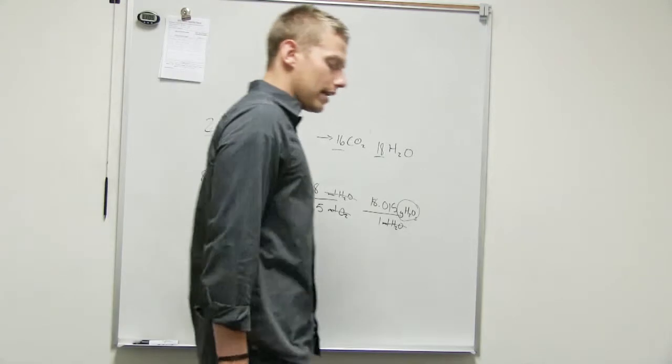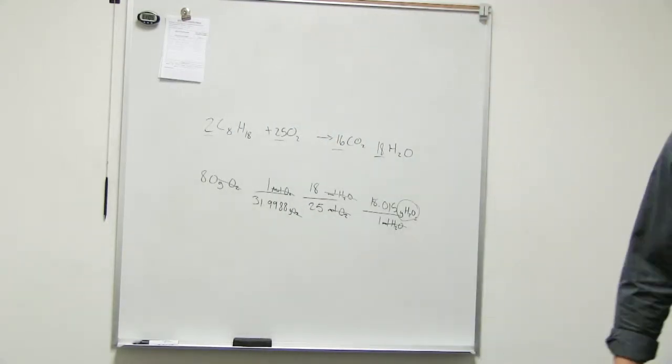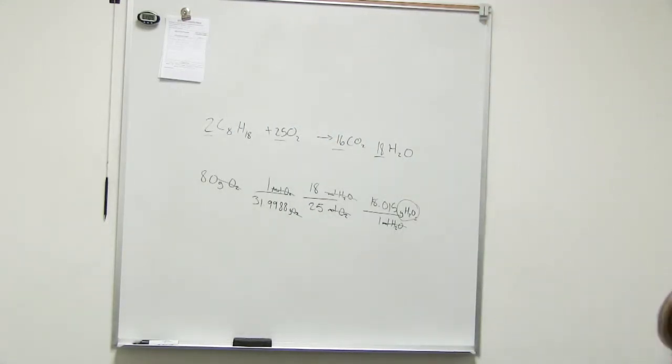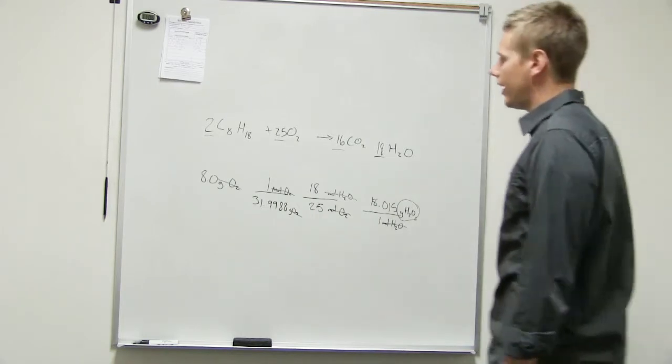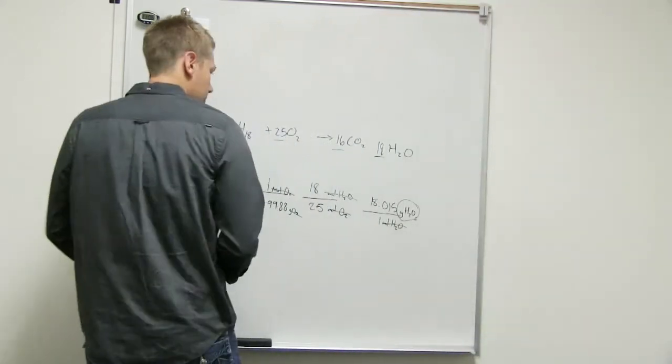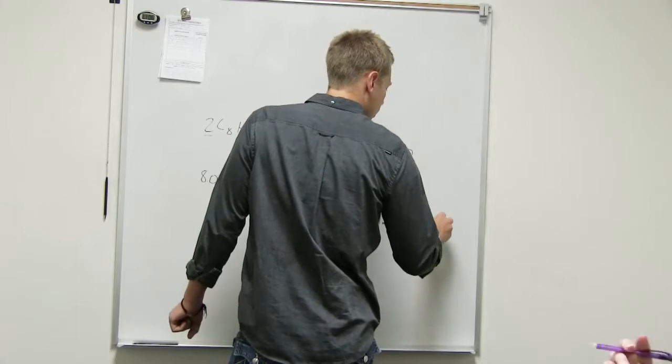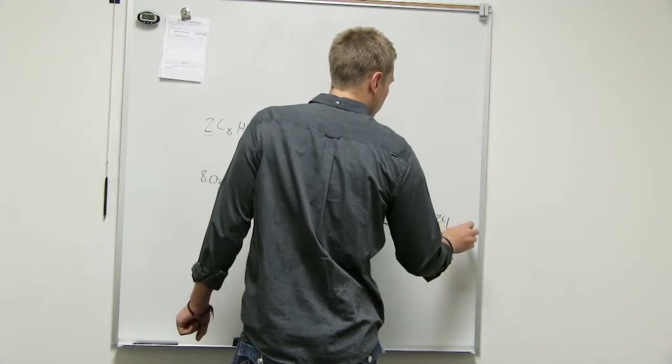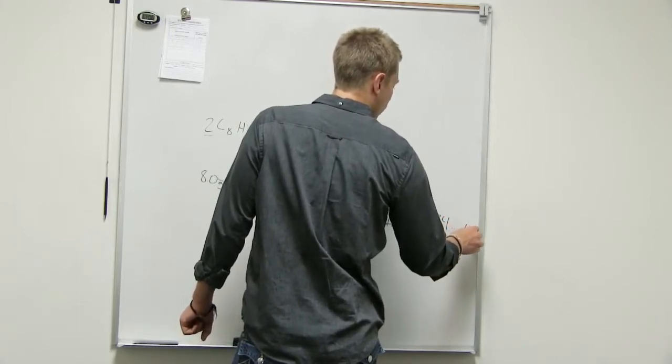Cool. That's what I got too. So it wants it in 2 sig figs, right? Yep. Oh, we did it. So yeah, we got 3.2, or 3.24 something grams of H2O.